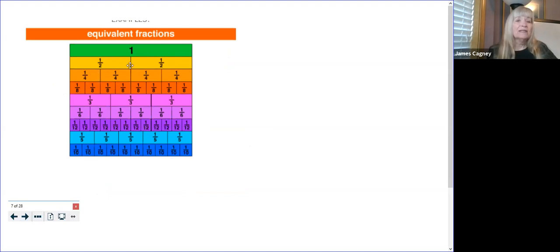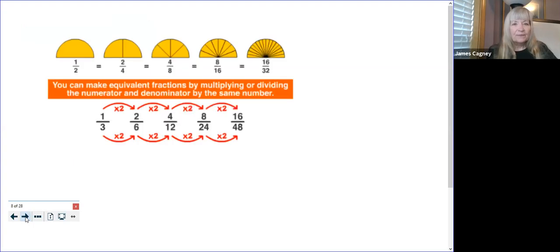So I can look at these and look at the idea of equivalent fractions. Or I can say here, 1/2 is equivalent to 2/4, 4/8, 8/16 or 16/32. As long as I multiply the top and the bottom by the same thing, I can make equivalent fractions, and we'll practice these in just a second.